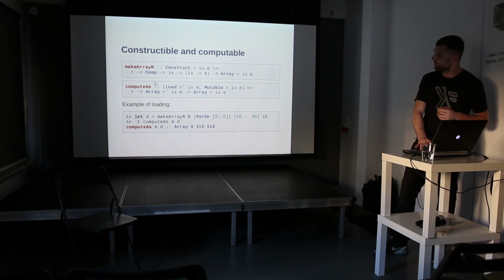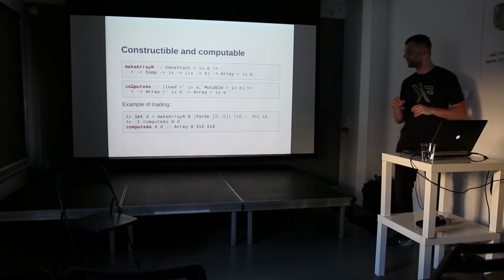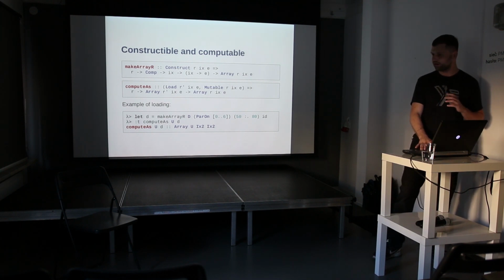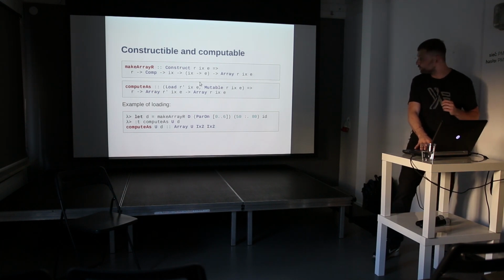There is also a function compute, as well as sibling functions that differ very slightly, like computeSource, computeInt. Read the documentation for any differences, but the whole concept stays the same. You give it a representation that you want, which can be any mutable array, and you give it any array that can be loaded.